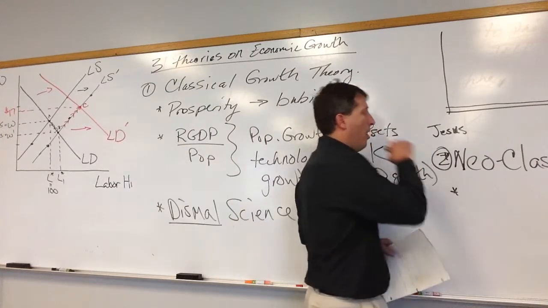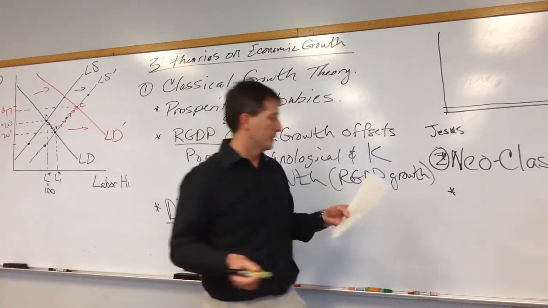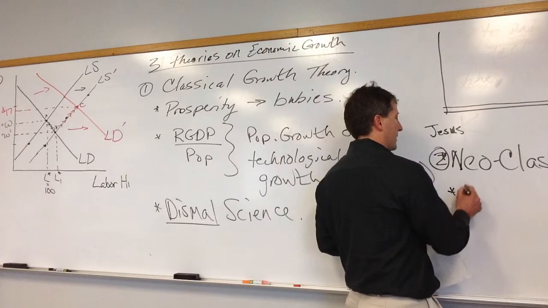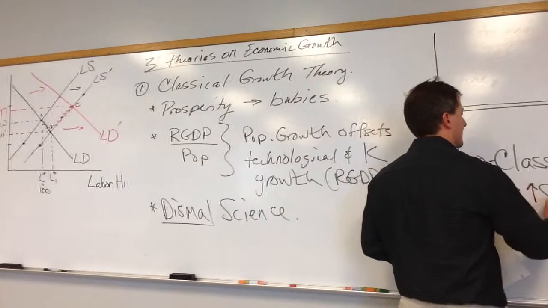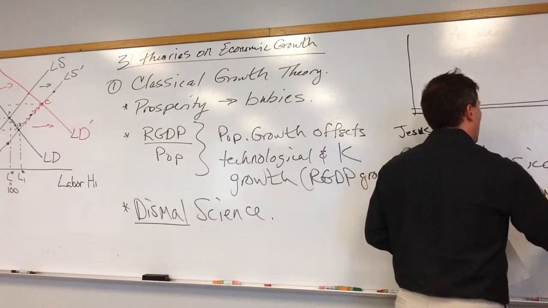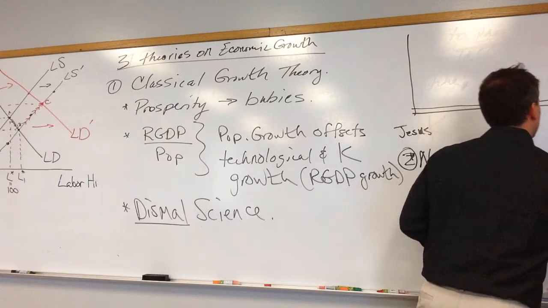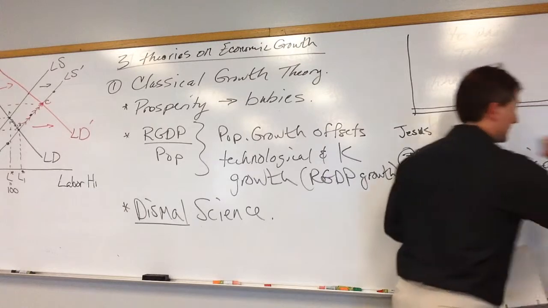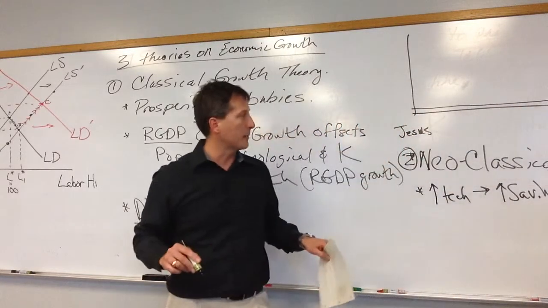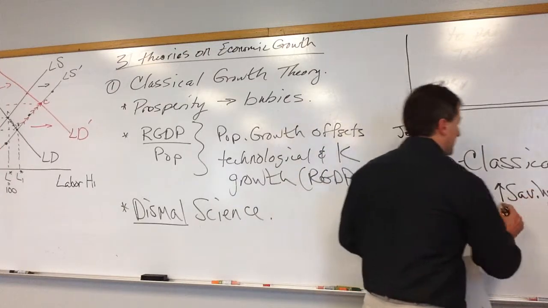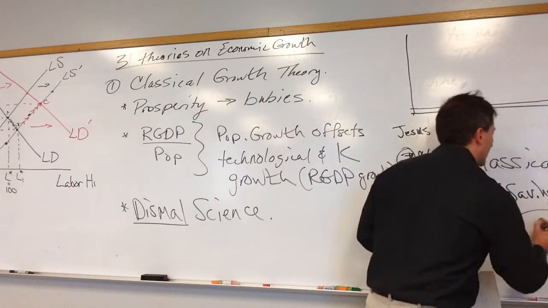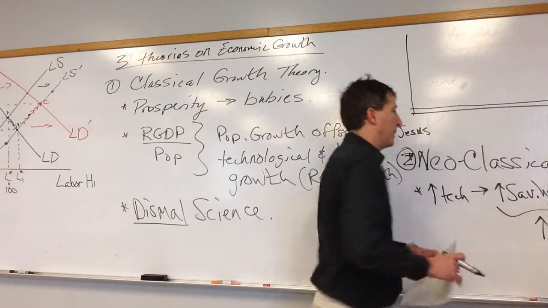And here, increase in technology leads to increase in savings and investment, which we're going to talk a lot more about next chapter. Savings and investment leads to an increase in our capital bucket.